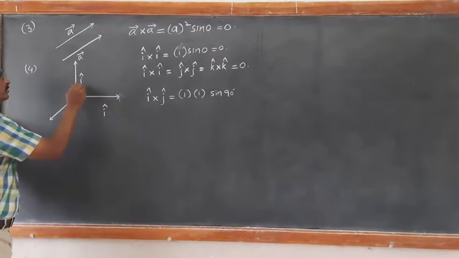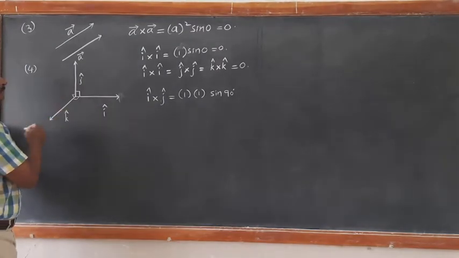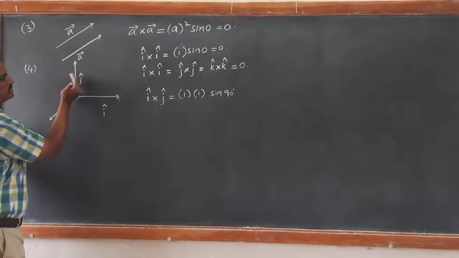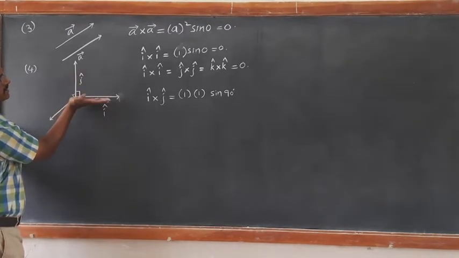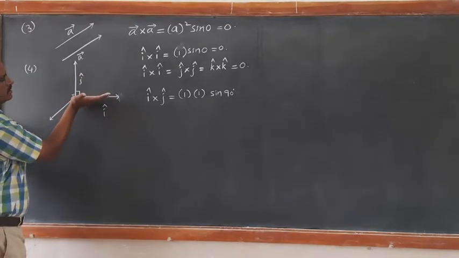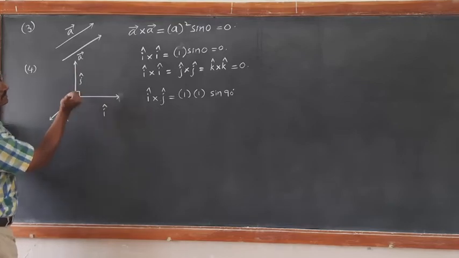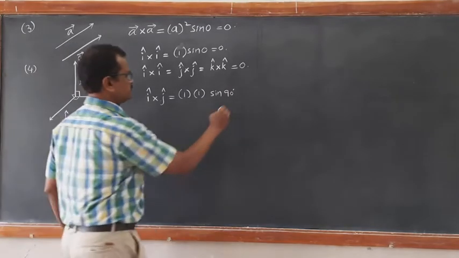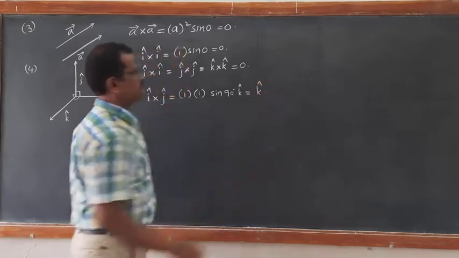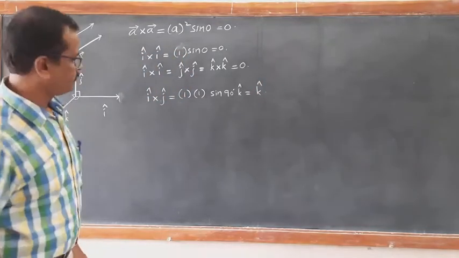The unit vector perpendicular to I and J is K. If I is turned towards J, see the curling of the fingers. When the four fingers curl from I towards J, it results in K. So this gives you K cap. I cross J is equal to K cap.